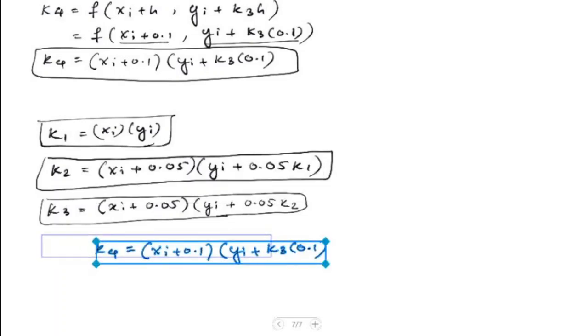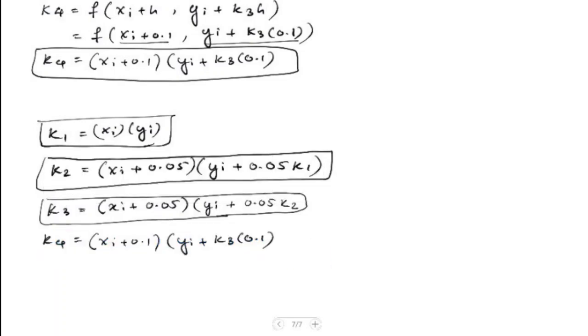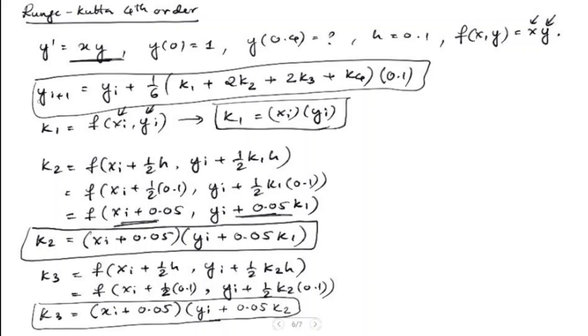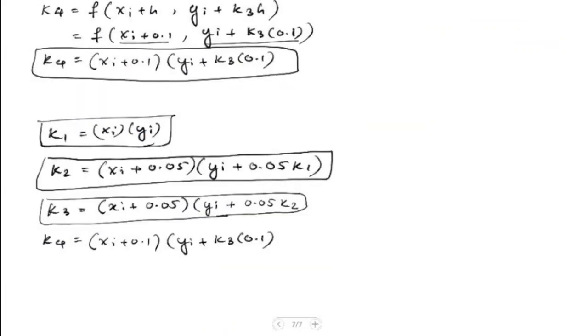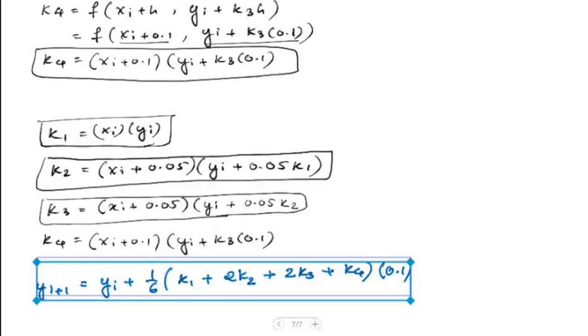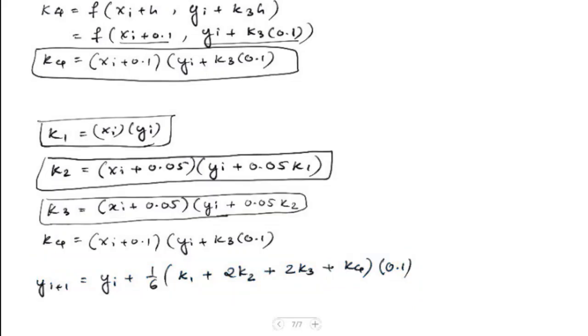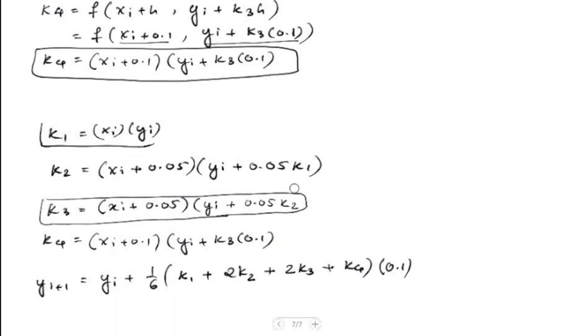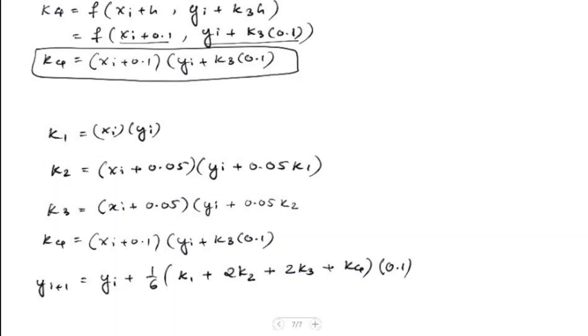That's k4, and now finally we'll take y(i+1). Okay, so that's what we'll solve now each time to get the values at every step.